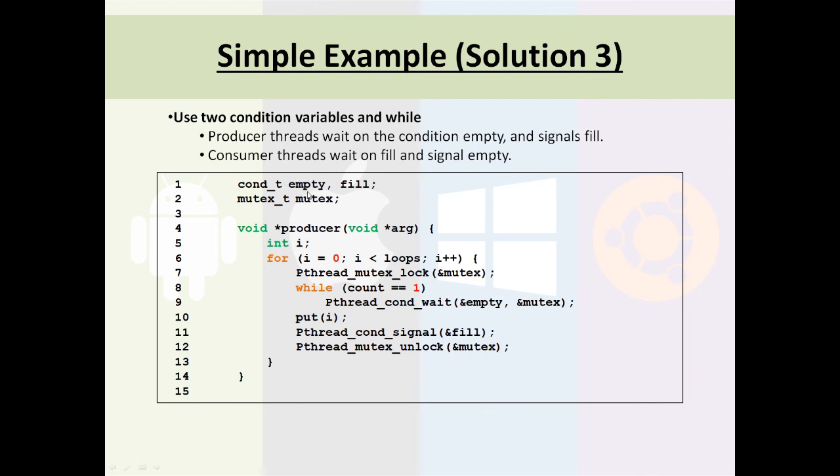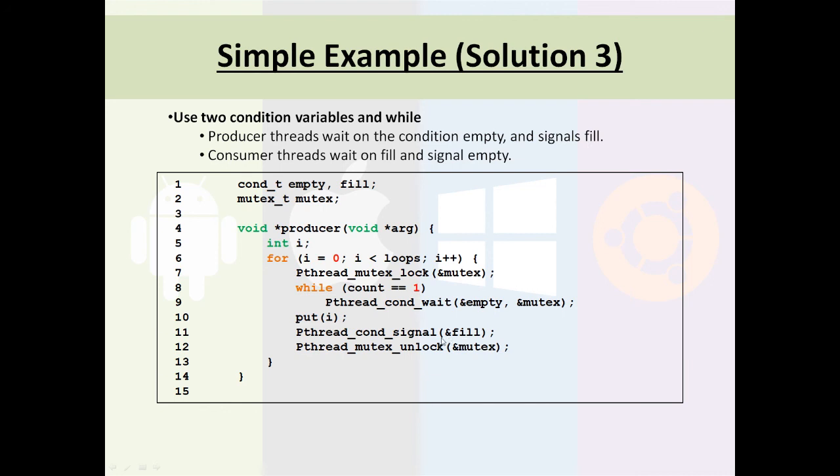What this means is it's waiting for a signal telling us that the buffer is empty. And if the buffer is empty, then it should wake up, right? But it also signals full, meaning that our buffer is full.